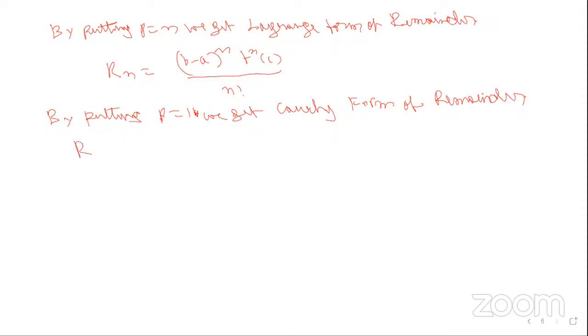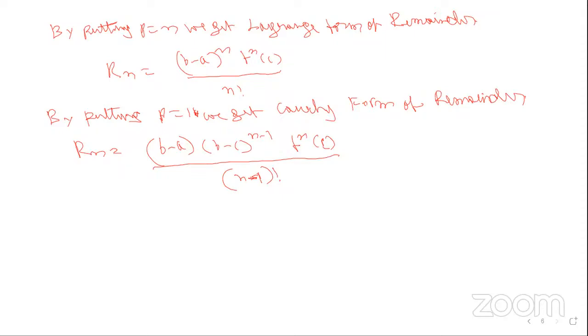Then Rn equal to (b minus a) into (b minus c) whole power n minus 1, f to the n of c, whole divided by n minus 1 factorial.